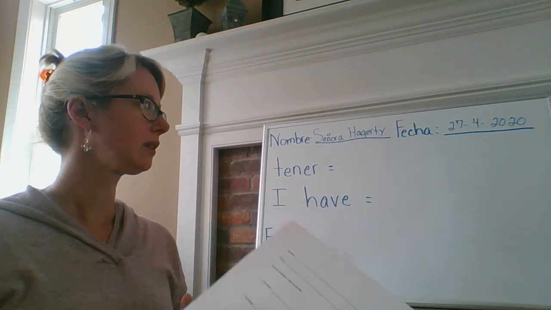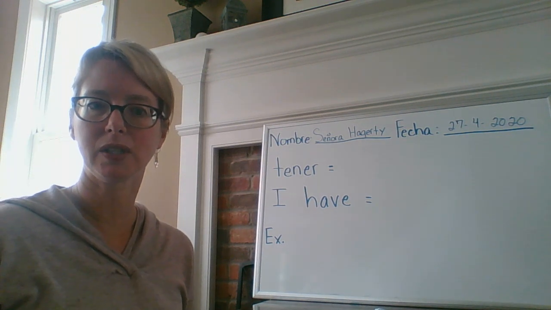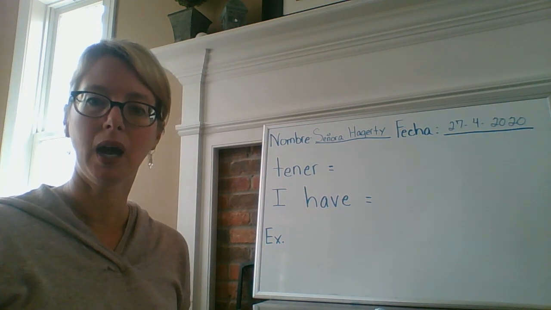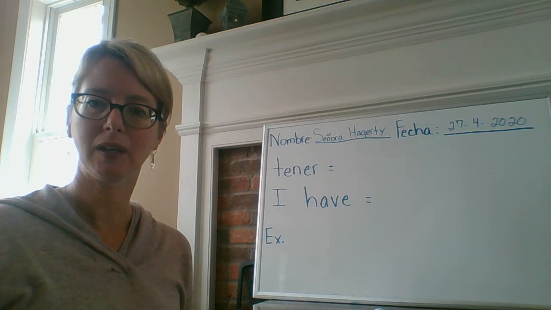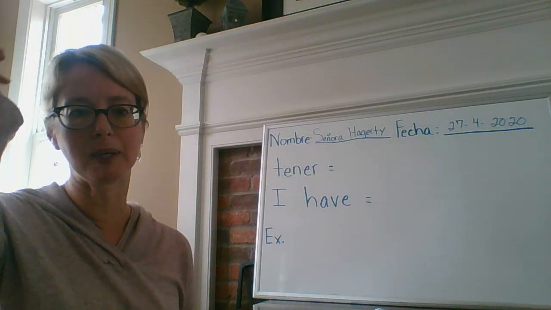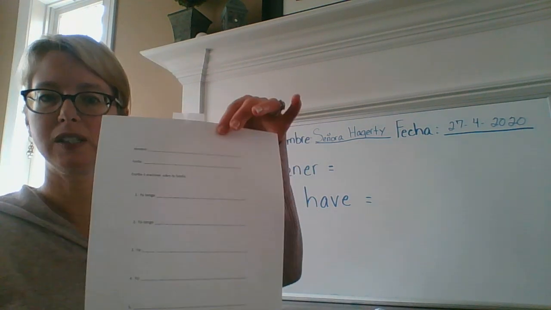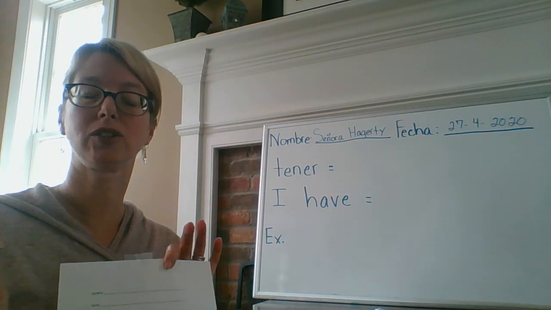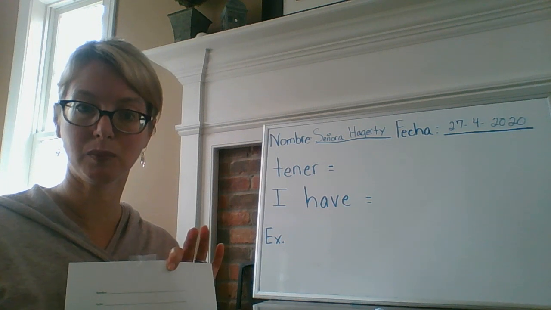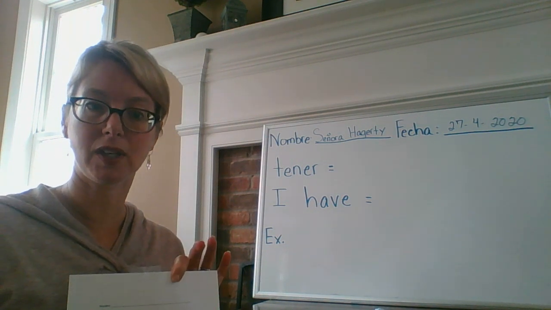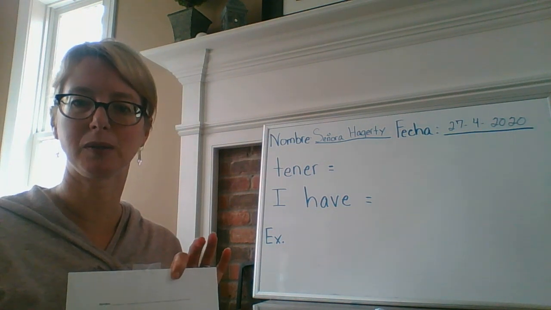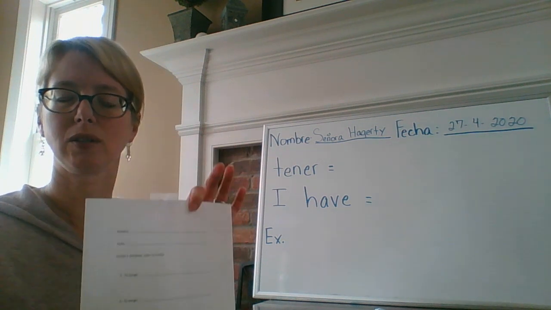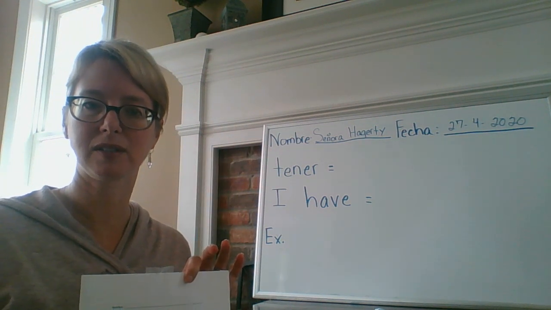I'm going to do a quick little mini lesson using a verb that you've seen before, but I'm going to go over it with you again. You can probably see it sitting on the whiteboard behind me. Then you're going to be using this sheet that you can either print out, you can use your stylus in Seesaw to complete, or if neither of those options work for you, you can just get a blank piece of paper and write your sentences on that and take a snapshot and send it back to me.